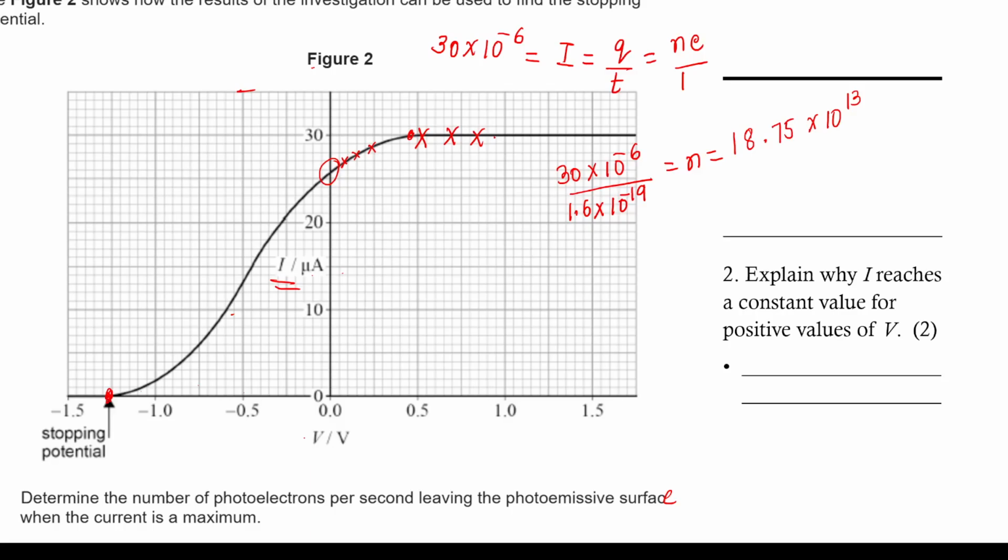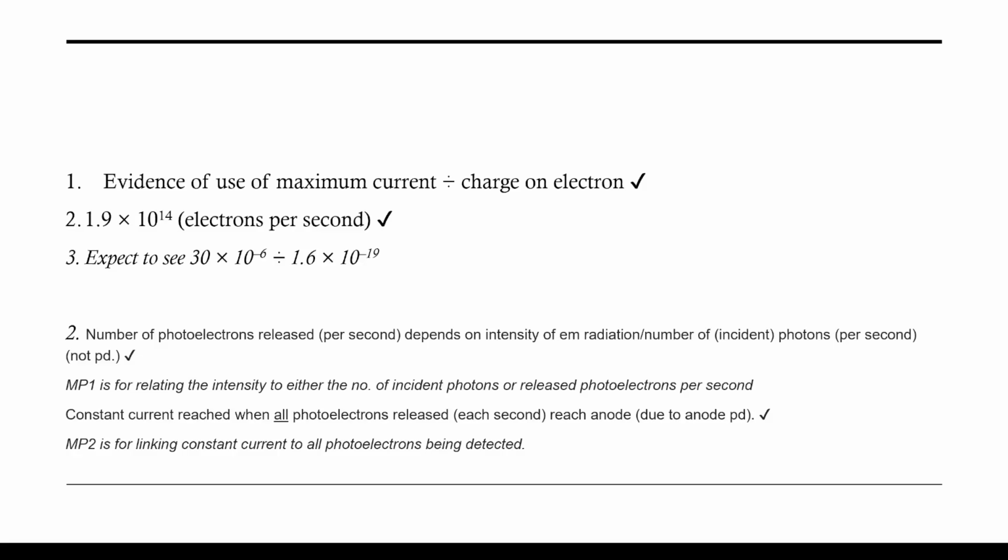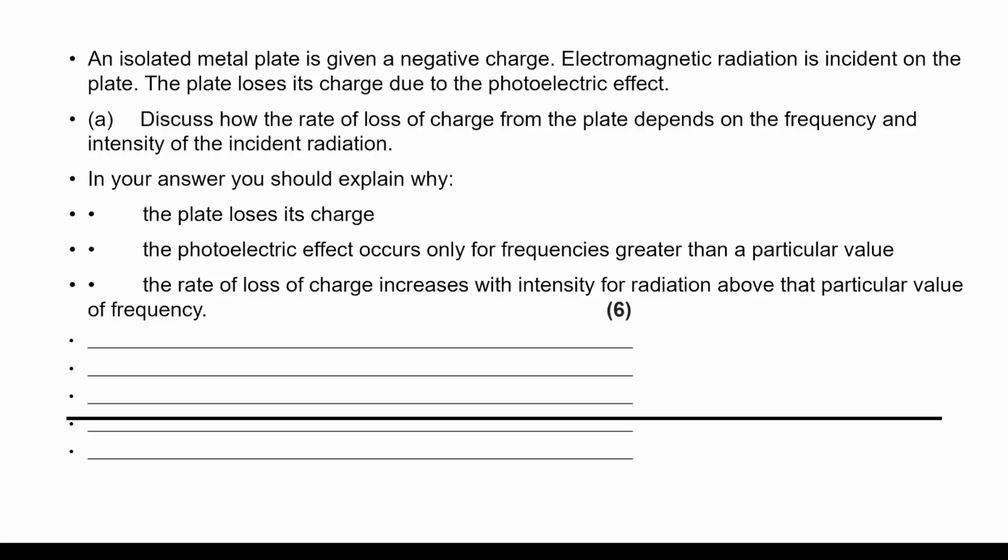For each collision between photon and electron, the number of photons is not changing because the intensity is not changing. Okay, let's check the answer. So the number of photoelectrons depends on the intensity. We talked about that. And the constant current is reached when all photoelectrons are collected or reached the anode due to positive potential, even the 0 energy electron.